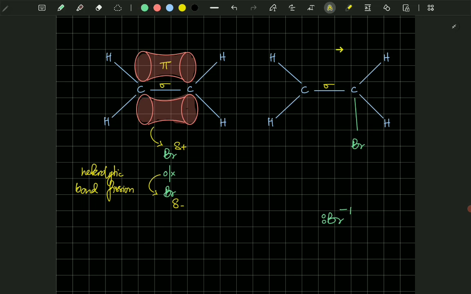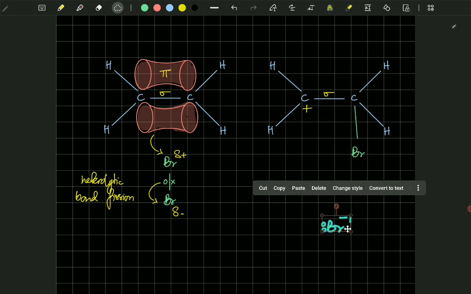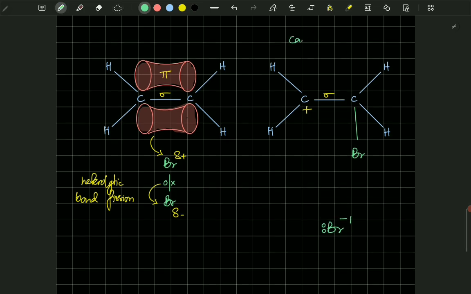Since the electrons of the pi bond have all been attracted by this bromine, the other carbon is now electron deficient, because somebody stole its pi bond. Since it's now a carbocation, this is called a carbocation intermediate.